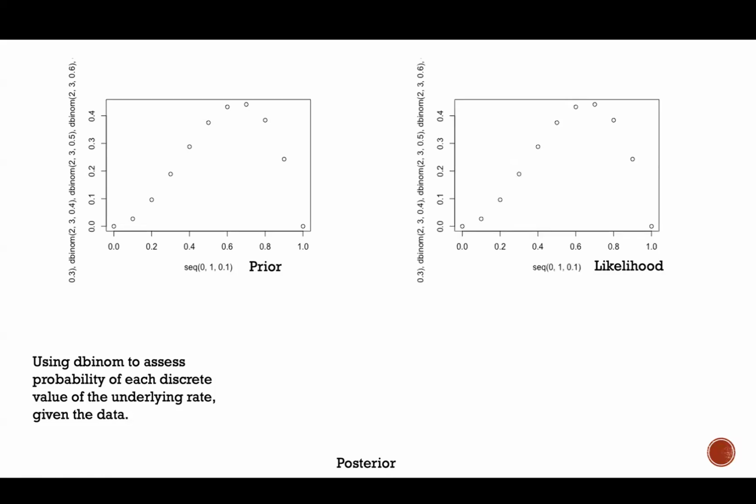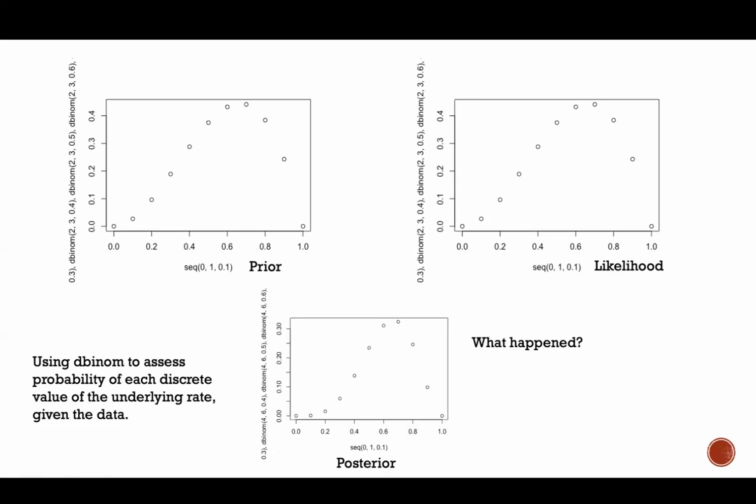I draw the likelihood, the distribution of underlying rates that we can infer when 2 out of 3 marbles are red. It's exactly the same, right? And then we combine it, right? And we get that posterior.